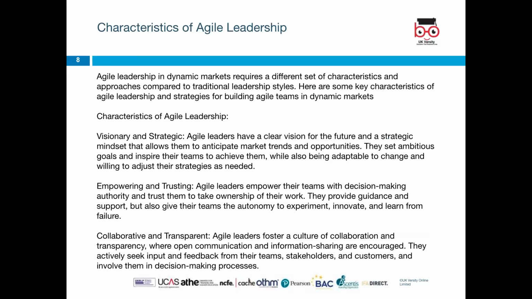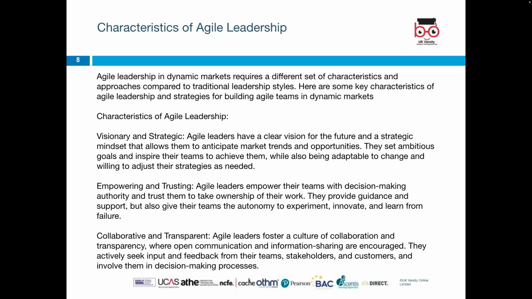So we have to look at the characteristics of agile leadership. The first one is agile leadership in dynamic markets require a different set of characteristics and approaches compared to traditional leadership styles. Here are some key characteristics of agile leadership and strategies for building agile teams in dynamic markets.